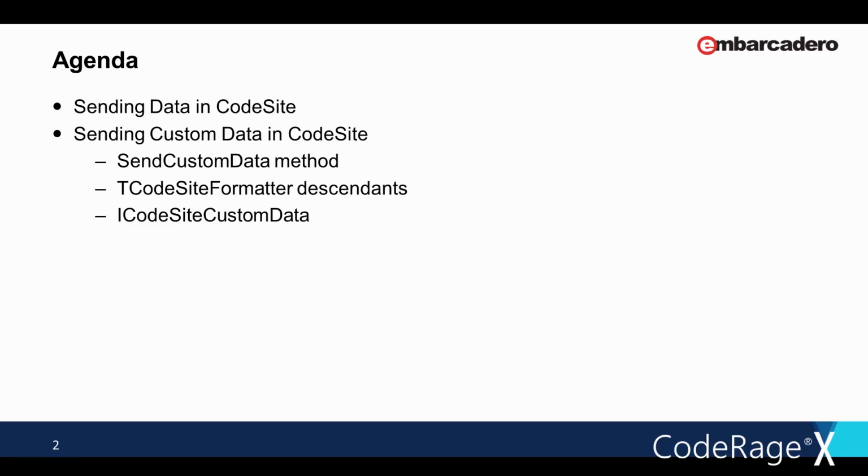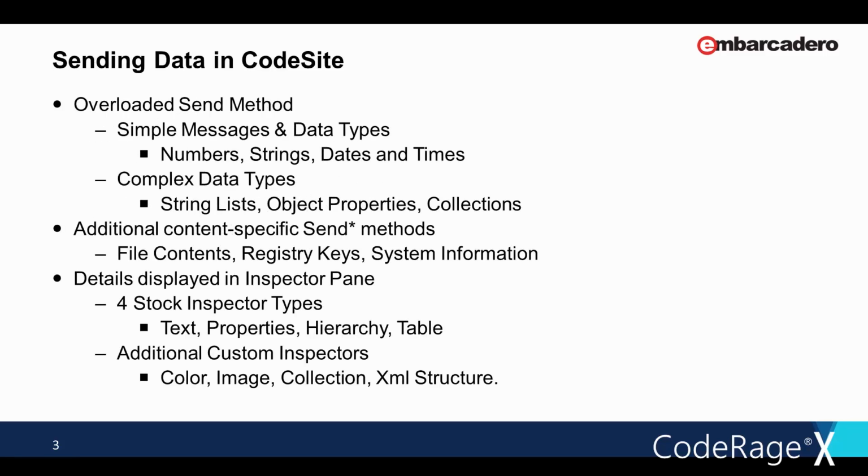Well, CodeSite provides the tooling to customize the way that information is displayed inside the viewers. And it's all driven by the send custom data method and then a formatter class, either a TCodeSiteFormatter descendant or an implementation of the ICodeSiteCustomData interface. So to send data in CodeSite, there's the traditional send method. It's overloaded.